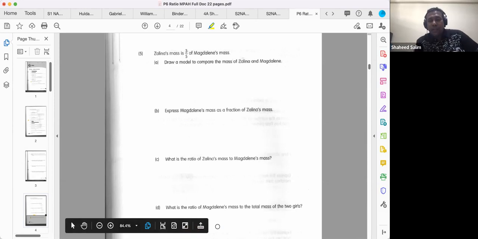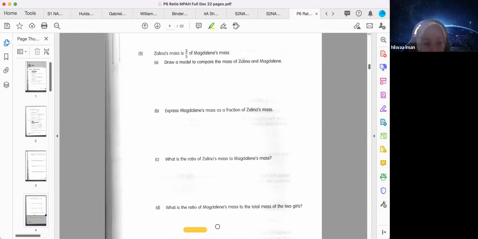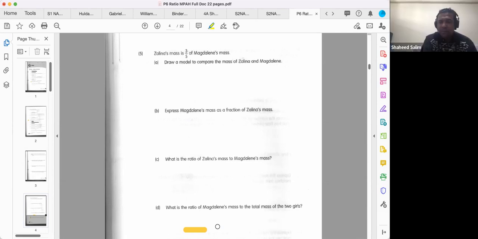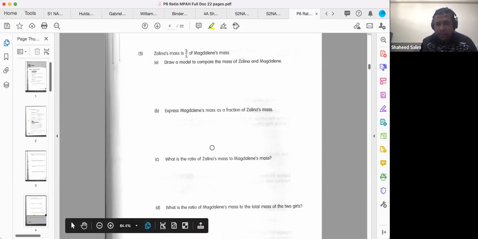Anyway, express Magdalene's mass as a fraction of Zalina's mass. It is 5/3. Well done. What is the ratio of Zalina's mass to Magdalene's mass? 3/5. Yes, correct. Last one.